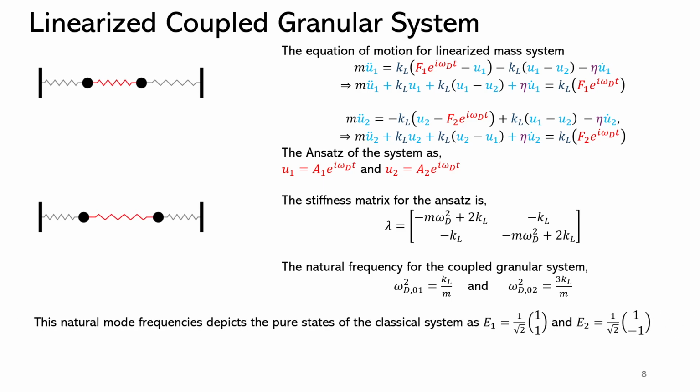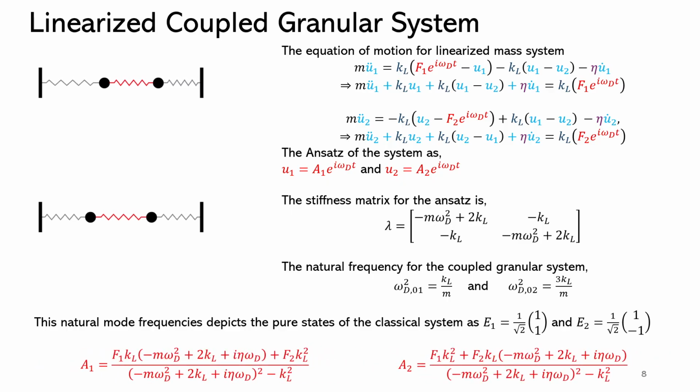As you know, in the case of a quantum bit, we have basis states of 0 1 and 1 0, but in our case we are using these vibrational modes, both going in the same direction and both going in opposite directions, as our pure states. These are also our eigenmodes, E1 as 1 1 and E2 as 1 -1. These are the amplitude responses A1 and A2 that we can find directly from the equation.